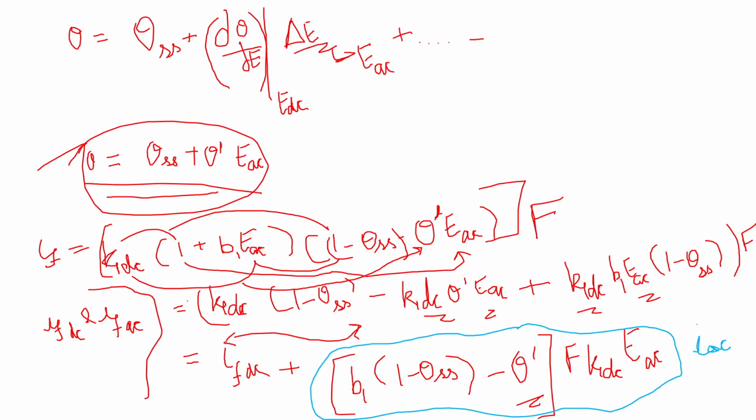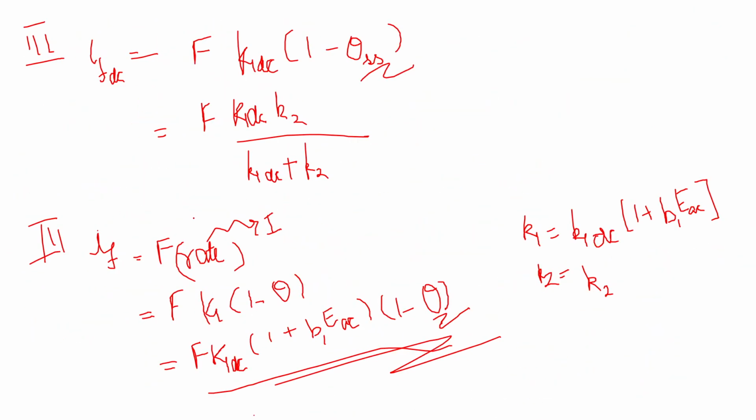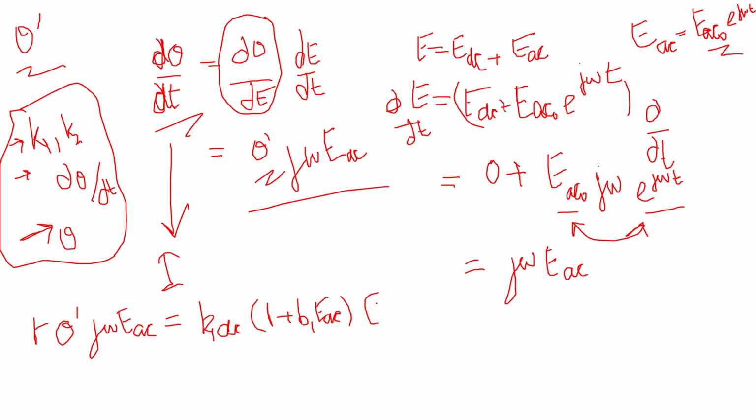So k1 into 1 minus theta. Again, I'm directly substituting because of lack of time, not writing each and every step. So I write 1 minus theta. I can write this as 1 minus theta ss minus theta dash EAC. Right?